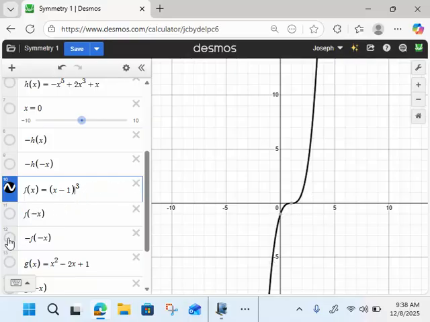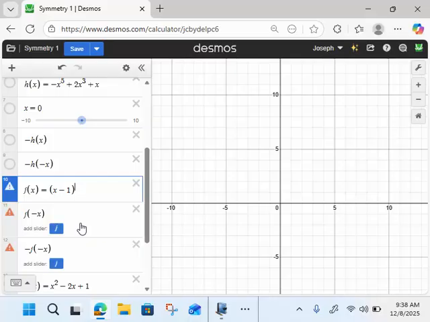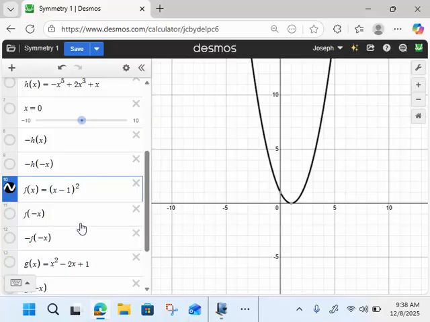Check it out. If I did the double flip, that's not the original function, is it? Just because you see this cubed here, that's not going to tell you anything. You'd have to multiply this out and put it into general form. This cube means you have to multiply all this stuff out, right? So check this out. If I did squared, this is not an even function. The left side is not the same as the right side.